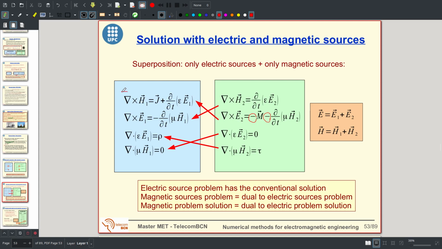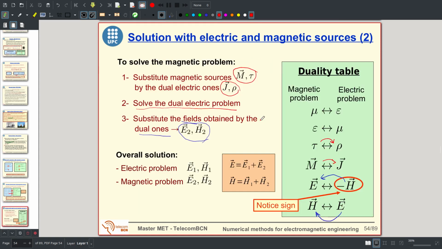We have solved the dual electric problem, and we replace the magnetic field of the electric problem with minus the electric field of the magnetic problem, the electric current by the magnetic current and the electric field by the magnetic field. And this minus sign goes to the other side and becomes these two signs here.